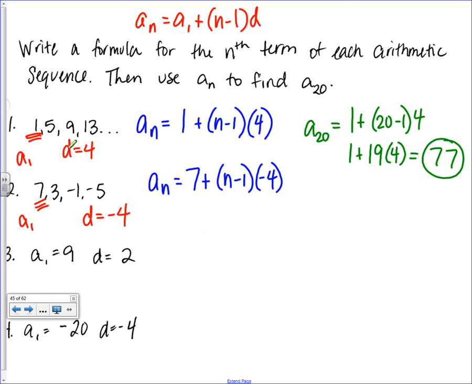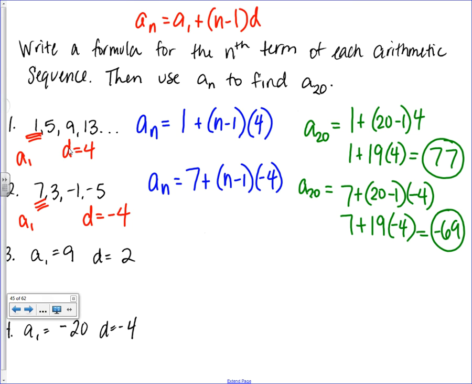Now I'm going to find the 20th term. So if I plug all my stuff in, my first term was 7 plus 20 minus 1 times negative 4. So really this is 7 plus 19 times negative 4, which will give you negative 69. If you look at number 3, everything's given right there for you. So you can go straight to that general formula.